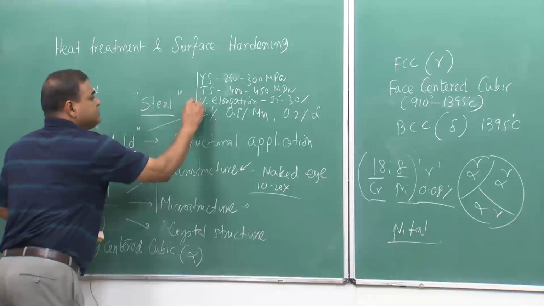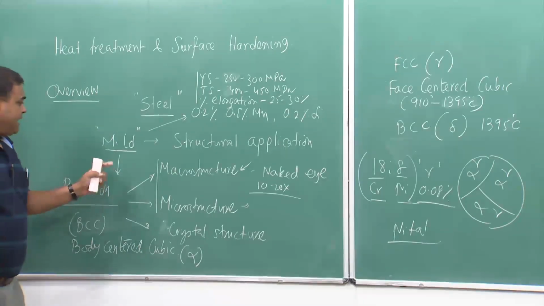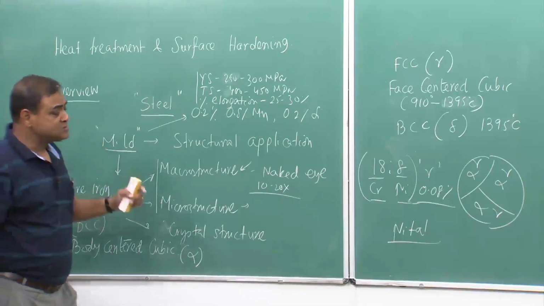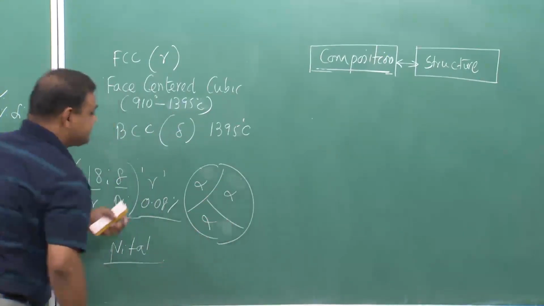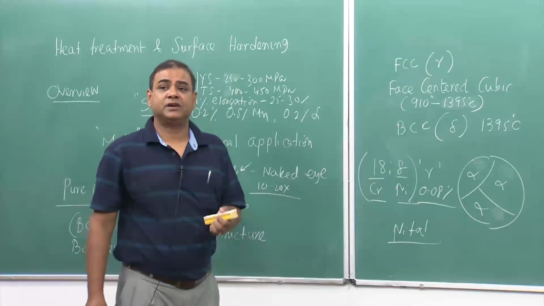This is the property we get. And what is the microstructure? If we consider the microstructure, it will be alpha, which is called ferrite.